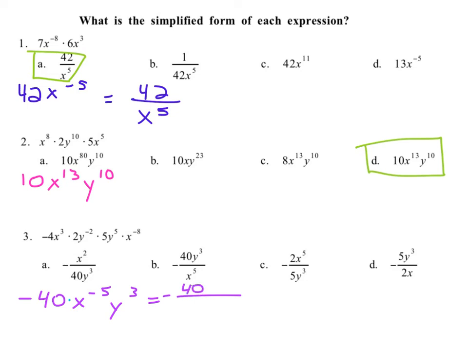So we've got the 40 on top. We've still got the y cubed on top. The x term moves to the bottom now as an x to the positive 5 because the negative was used up in order to move that term to the bottom. So we've got negative 40y cubed over x to the 5th, and that is choice B.